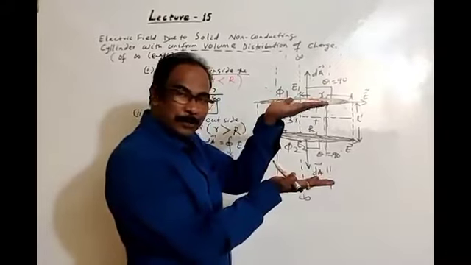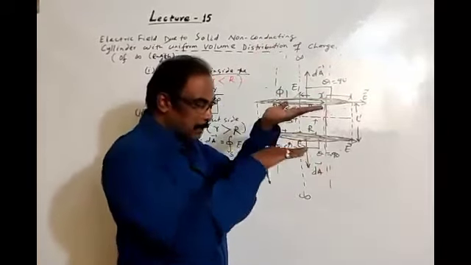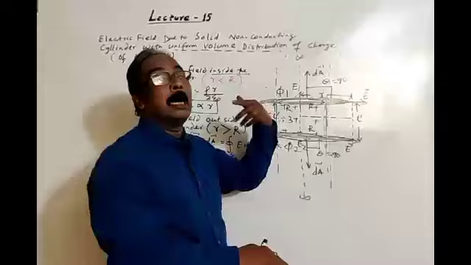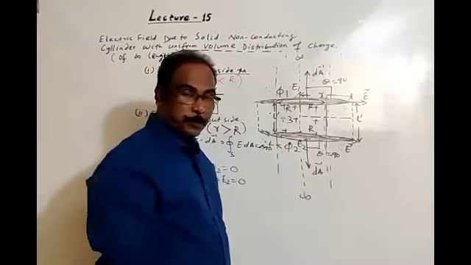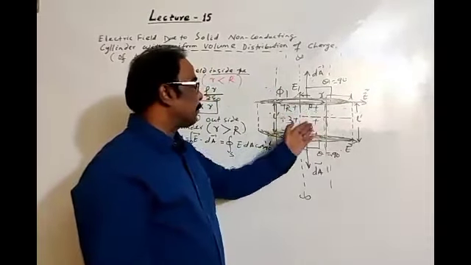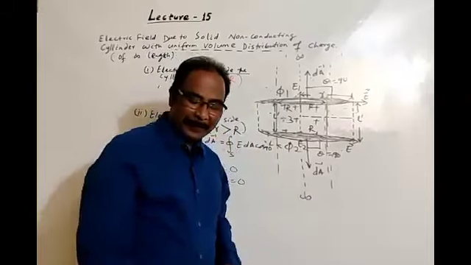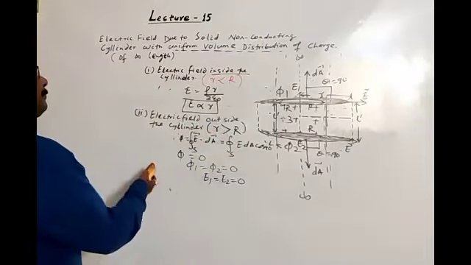The cylinder has three surfaces: top surface, bottom surface, and the curved surface. Now for the curved surface, we have taken the surface area as 3.